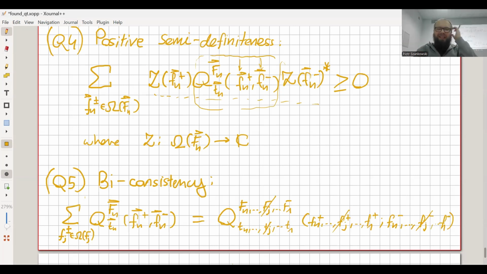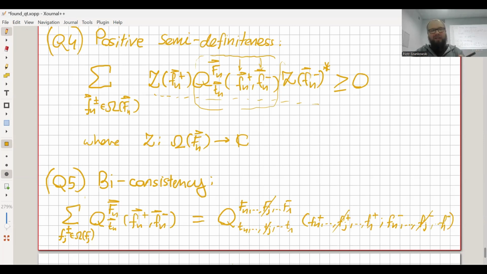And we know that for quantum probabilities, that was observation number 2, they are inconsistent, right? The probabilities are inconsistent. But the Qs are more than consistent, they're bi-consistent.